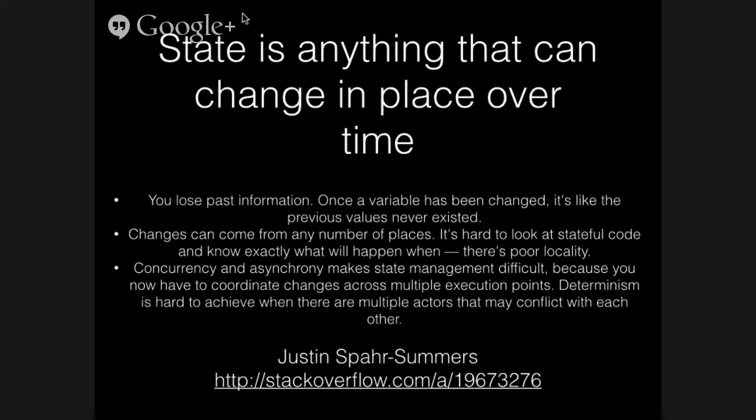You've got these points, and this was answered on Stack Overflow by Justin Spahr-Summers. He's one of the creators of Reactive Cocoa. And I thought this was a pretty good definition. You lose past information. Once you change a variable, that information is gone.